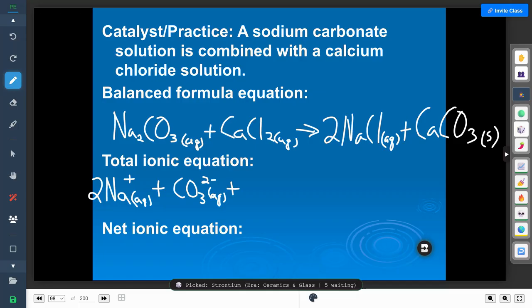Keep going. Plus Ca, charge of 2 plus. Good. 2 plus. Aqueous. Nice. And then plus 2Cl. Good. 2Cl negative. Aqueous. Excellent.